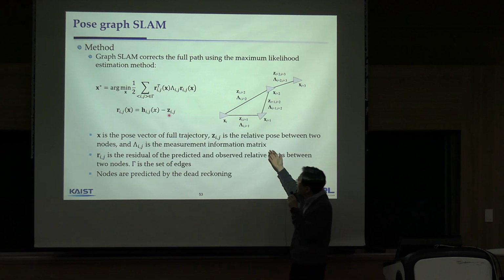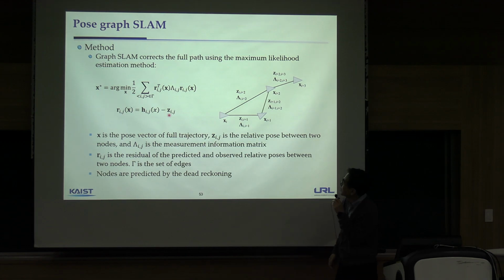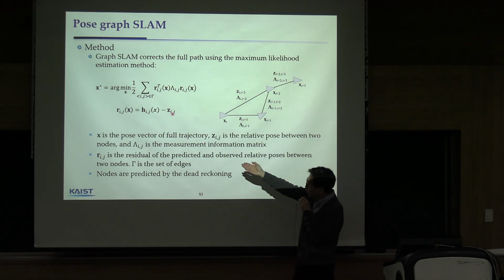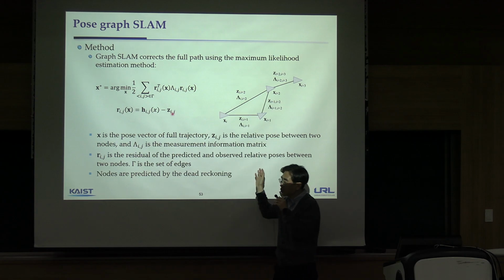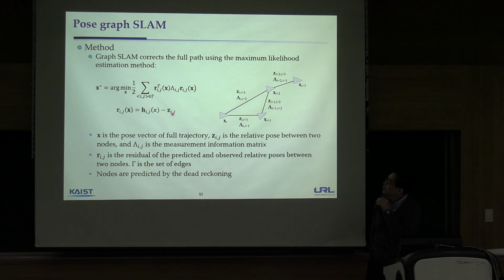So that information is Gij, and H is the prediction. Where H is? H is the predicted relative pose between node i and node j. So their difference will be regarded as the residual. This is something like the innovation term. So in the pose graph optimizers, they call it residual. Residual of the predicted and observed relative poses between two nodes.